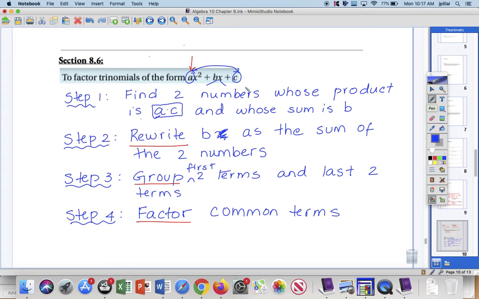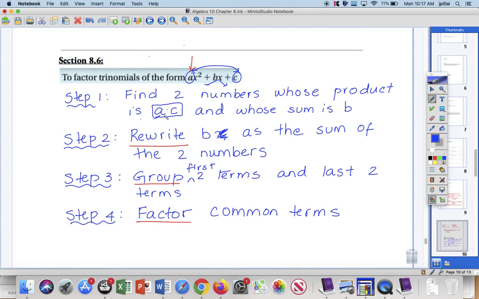And once we figure out what the two numbers are, we rewrite bx and split it into two parts. Step three is to group the first two terms and last two terms, and then we are going to factor common terms. All these steps might seem like, oh my God, it's too much. But when you see an example, it'll be more clear.